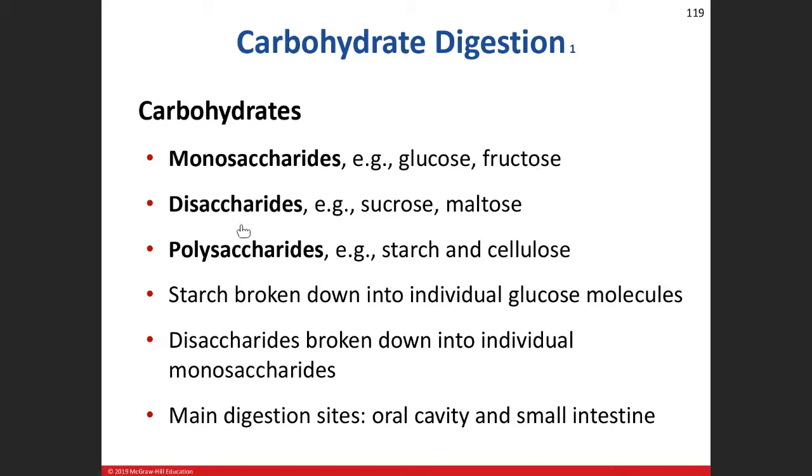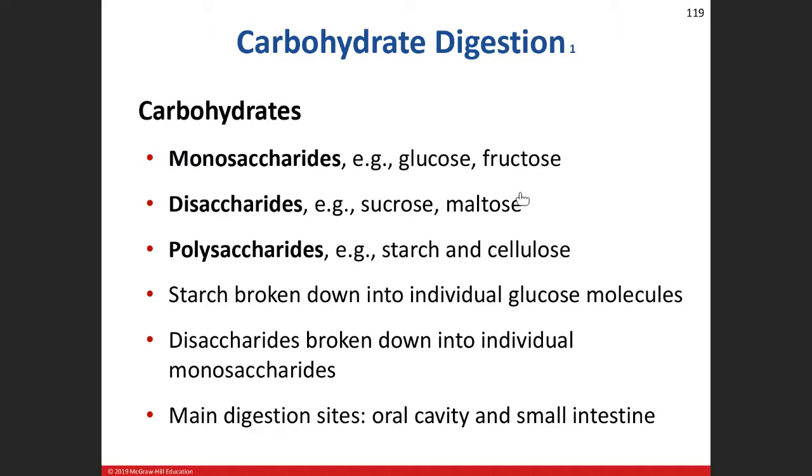Then we can have disaccharides, in which we take two monosaccharides and stick them together, like sucrose and maltose. Then we have polysaccharides, like starch, cellulose, or glycogen, in which we string a whole bunch of monosaccharides together. They can be the same or different. We'll make what we call a complex carbohydrate.